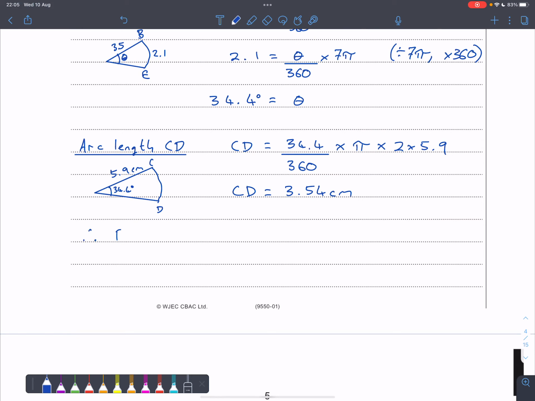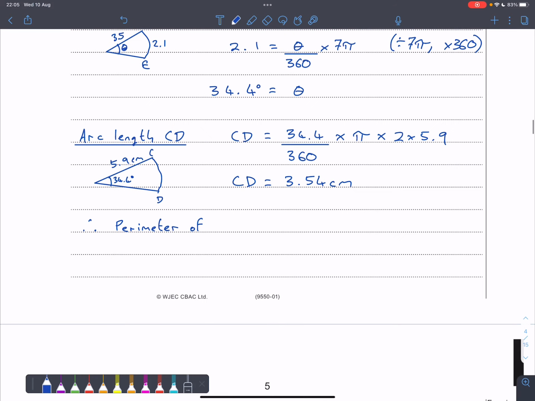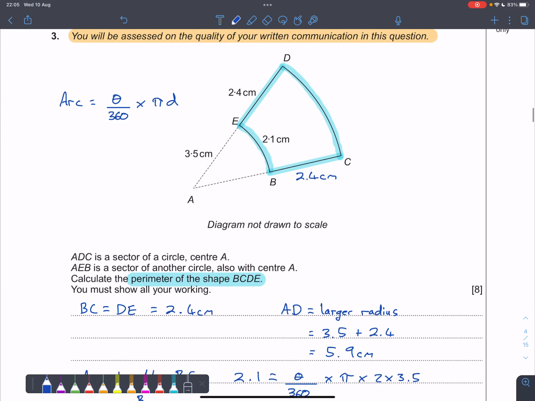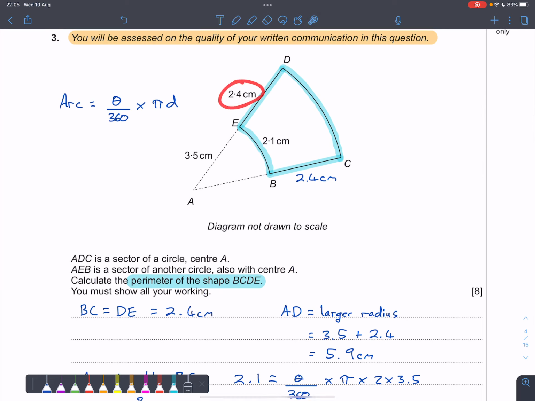So therefore the perimeter of BCDE is going to be, let's have a look what it was, 2.4 plus 2.1 plus 2.4 plus this value here.